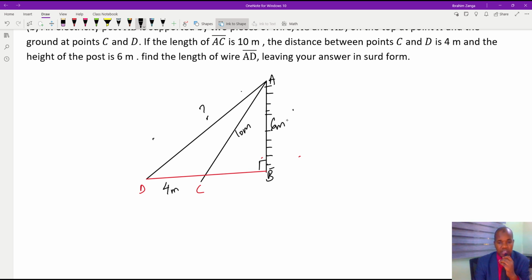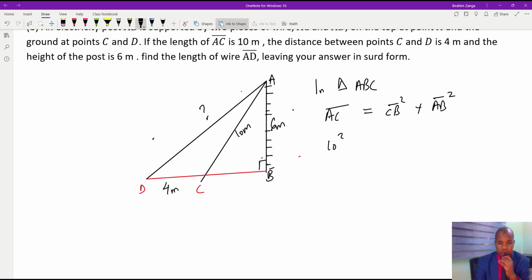So starting with the triangle, in triangle ABC, by using Pythagoras theorem, AC square will be BC square plus AB square.